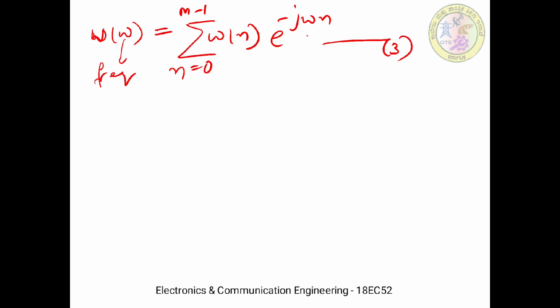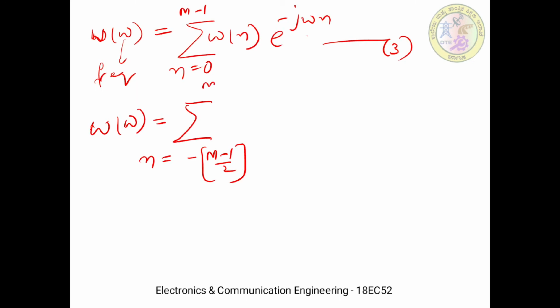Okay, so now if we go for the further steps in solving this w of omega, we can write it like this. The window function in the frequency domain is equal to summation n is equal to, now we will limit the range, minus (m minus 1) by 2 to (m minus 1) by 2, into w of n, whose value is 1, into e to the power of minus j omega n.